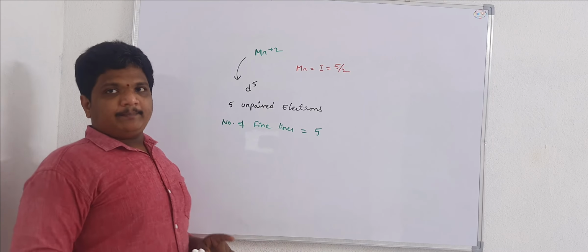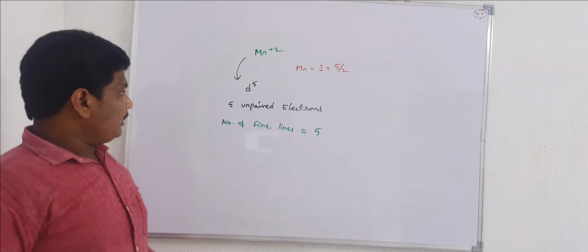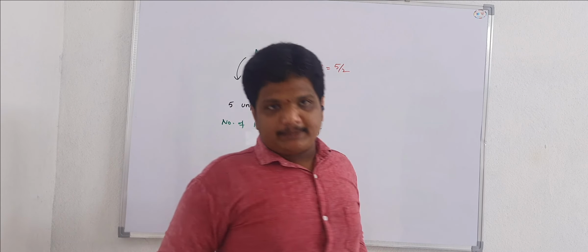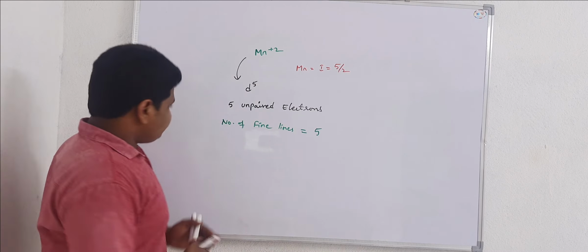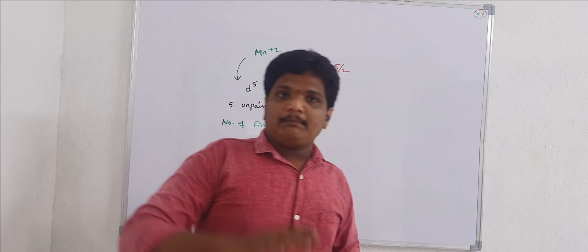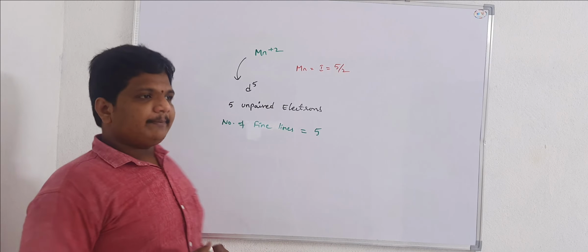So let us consider how many hyperfine lines we have in this Mn+2 high spin complex. The number of hyperfine lines is equal to the number of fine lines into 2nI+1.